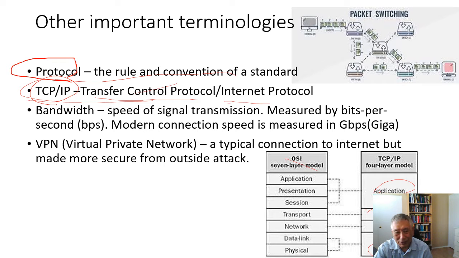This whole thing, whatever I'm talking about today, takes more than a semester of study, but I'm just giving some kind of overview. Originally, the Open Systems Initiative had a 7-layer model, but they thought that was too complicated, so they decided to have only 4 layers. That's how TCP/IP is used for our internet.